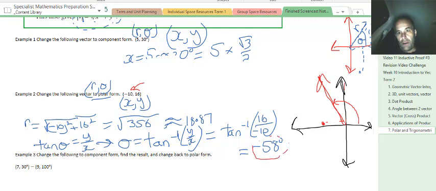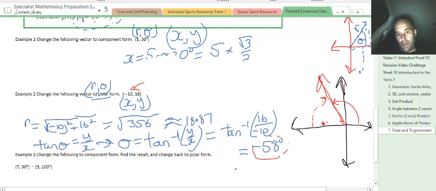So what does the negative 58 here mean? This is a little bit tricky at first to interpret. Well, because 58 degrees is acute and negative means that it's going to go clockwise, the only conclusion we can come to is that it's actually 58 degrees going this way from here.